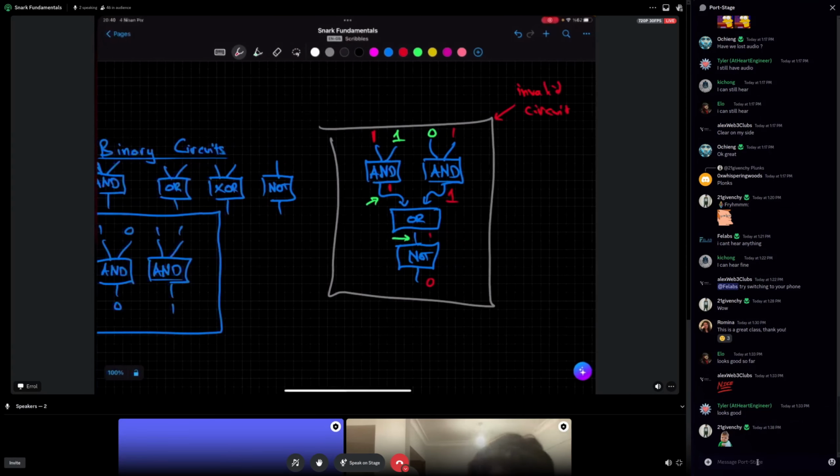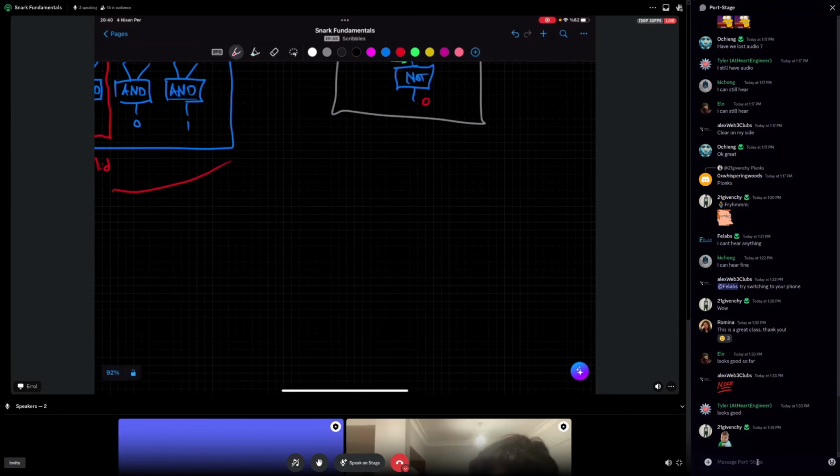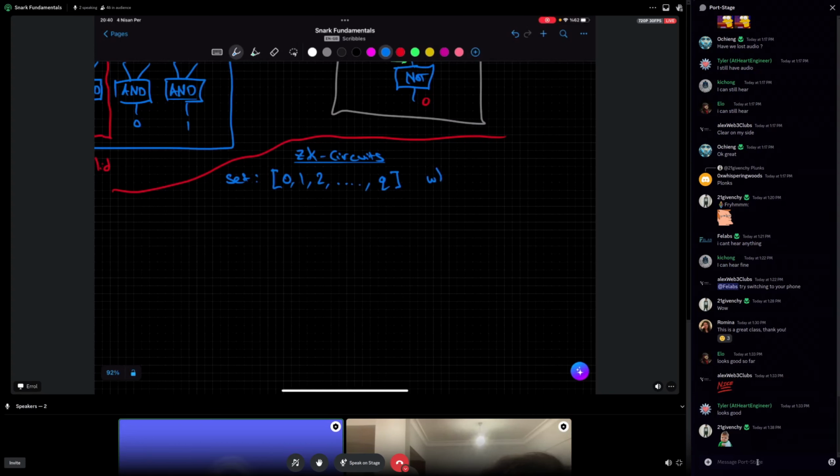So let's just do a ZK circuit. We're going to take our set of numbers, and it can be 0, 1, 2, all the way up to Q, where, for example, Q equals 10.